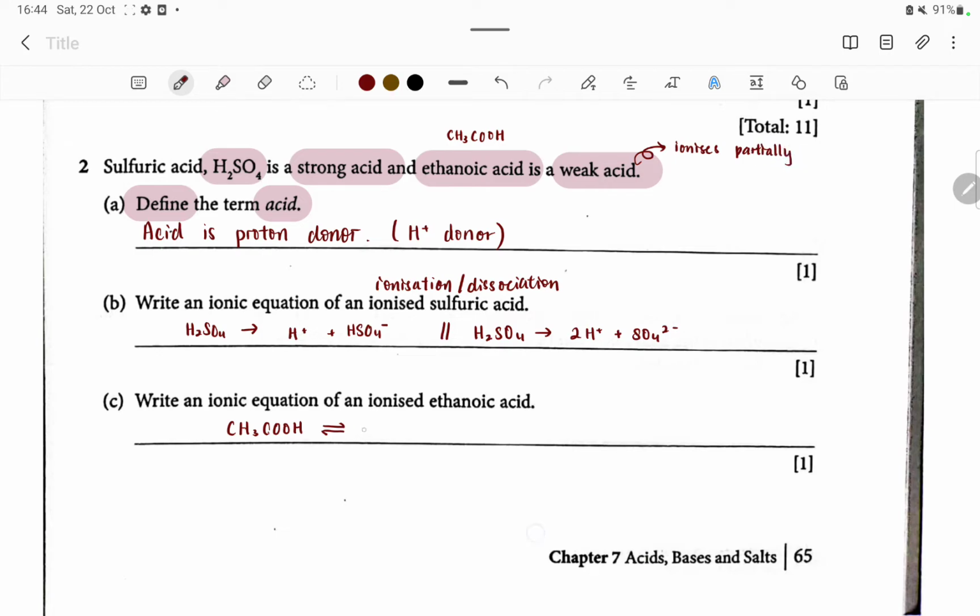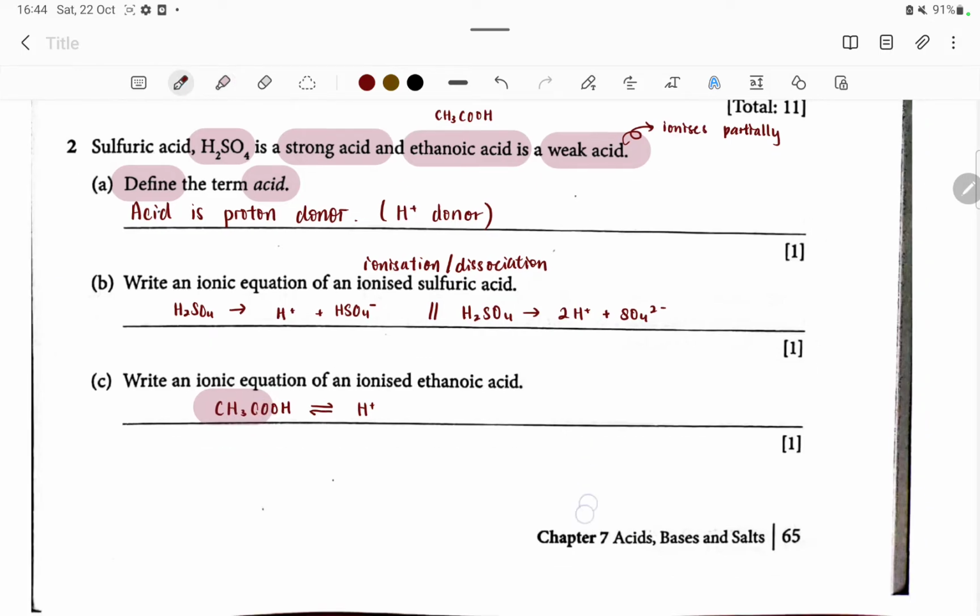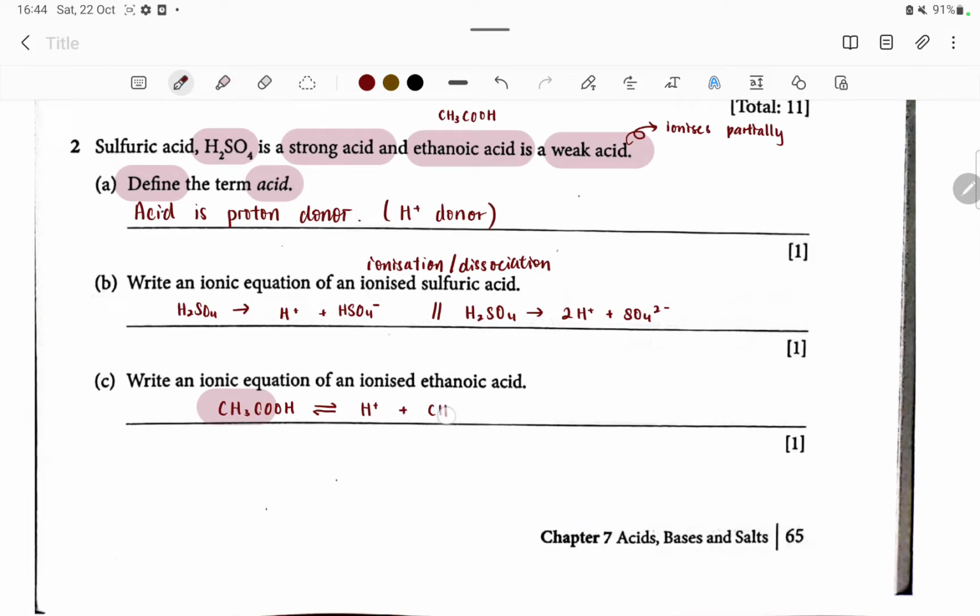And then same thing, H plus. So after we take out the H, we still left all these things. So plus CH3COO, and then this one minus. So far should be okay for you.